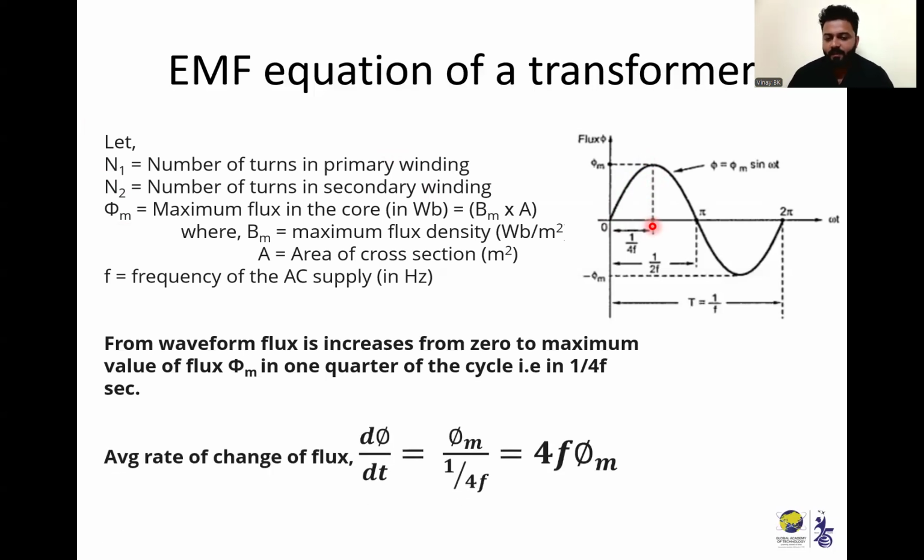Therefore, we define the average rate of change of flux, d phi by dt, as the change of flux from minimum to maximum value, that is phi m minus 0, which is phi m only, and the time taken to reach that maximum value of flux is 1 divided by 4f. If you simplify this, you will get 4 f phi m.